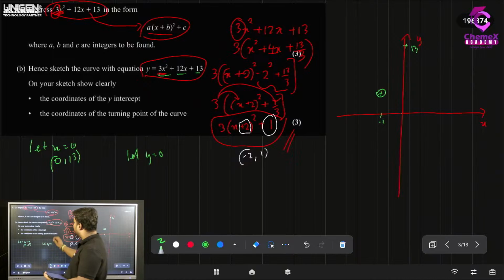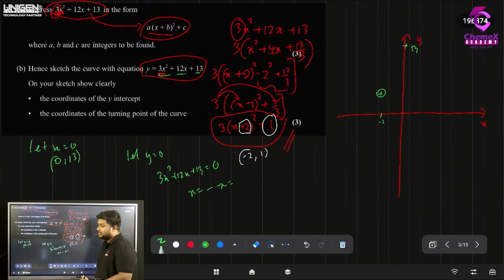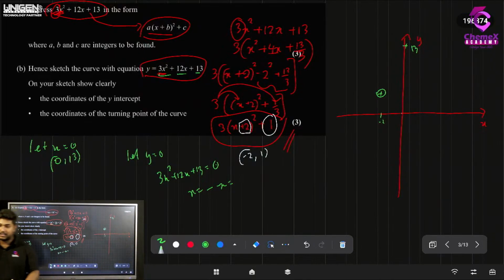Then how do you solve? 3x squared plus 12x plus 13 equal to 0, and get me the two answers. x equals what and what? Tell me the answers using quadratic solving.